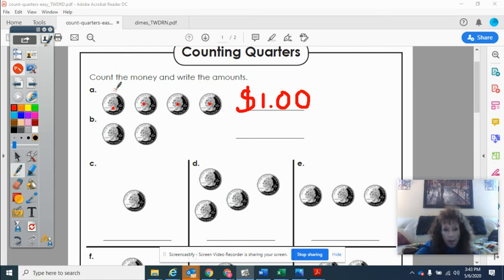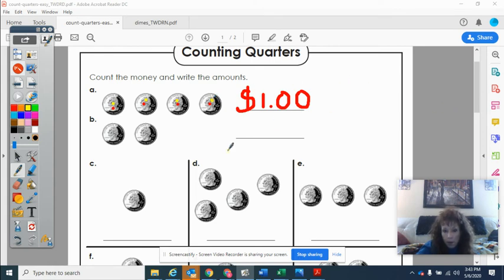Let's count that again. 1 quarter, I'll use yellow. 25, 50, 75, $1.